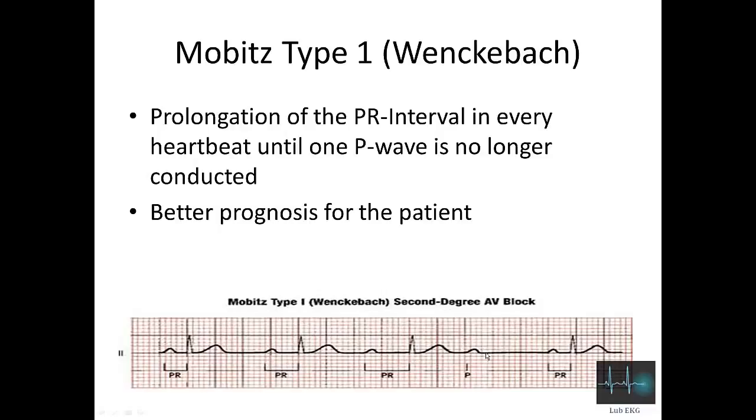And on the fourth, it's not able to conduct into the ventricle. So you have 3 P waves followed by QRS complexes with a prolongation of the PR interval in every beat until it can no longer send the signal into the ventricle.